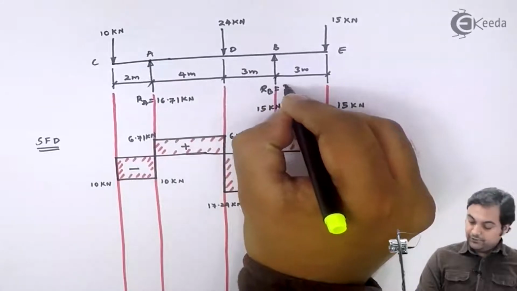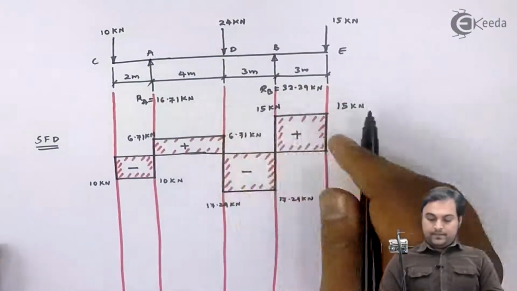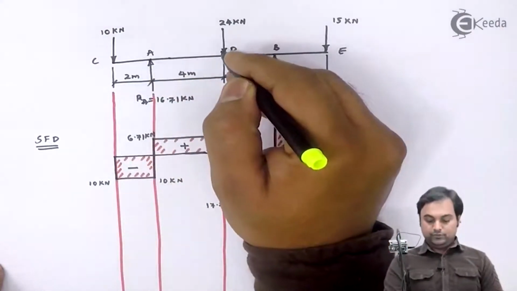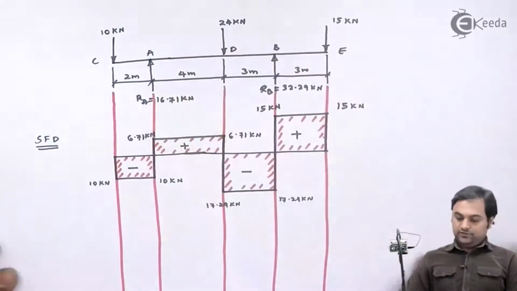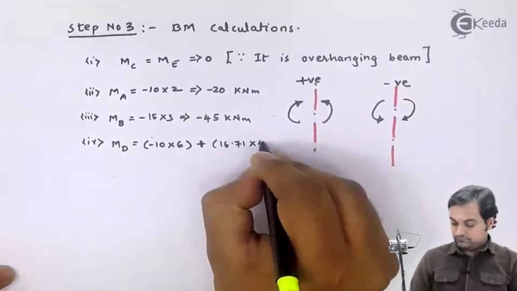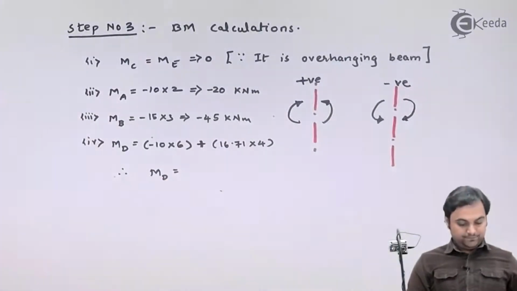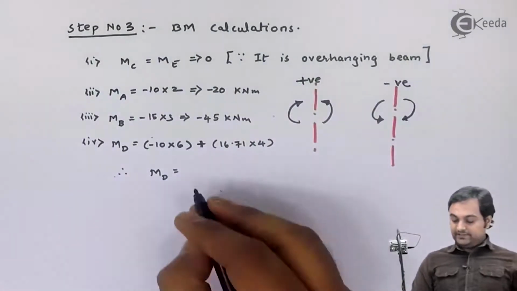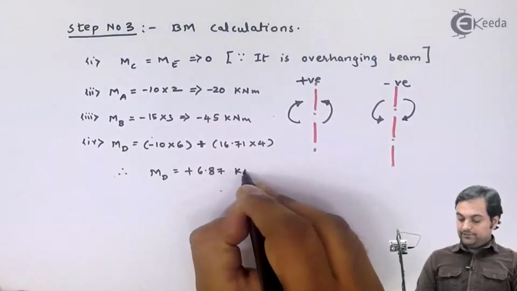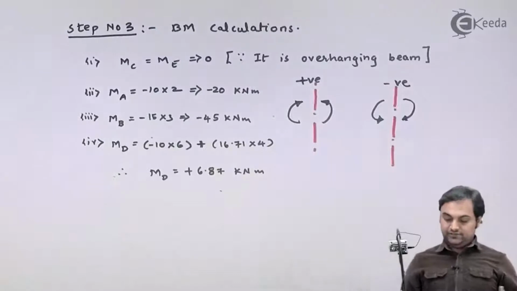RB is 32.29 kilonewton. Now if I see here, 16.71 kilonewton will produce clockwise moment to the left, so it is positive. So 16.71 into 4. Therefore, I get bending moment at D is equal to 6.87 plus kilonewton meter. So here I have found the bending moment values at each of the points.